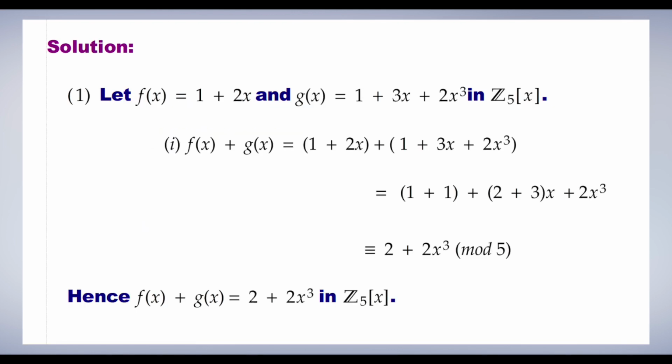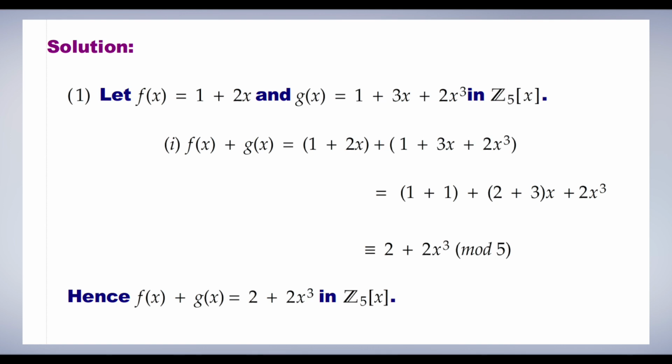Let's find the solution now. For the first one, let f(x) = 1 + 2x and g(x) = 1 + 3x + 2x^3 in Z5[x]. So, we have to find f(x) + g(x) = 1 + 2x + 1 + 3x + 2x^3. Here 1 + 1, and we take the coefficients of x as (2 + 3)x, plus 2x^3. Now we will apply mod 5 here.